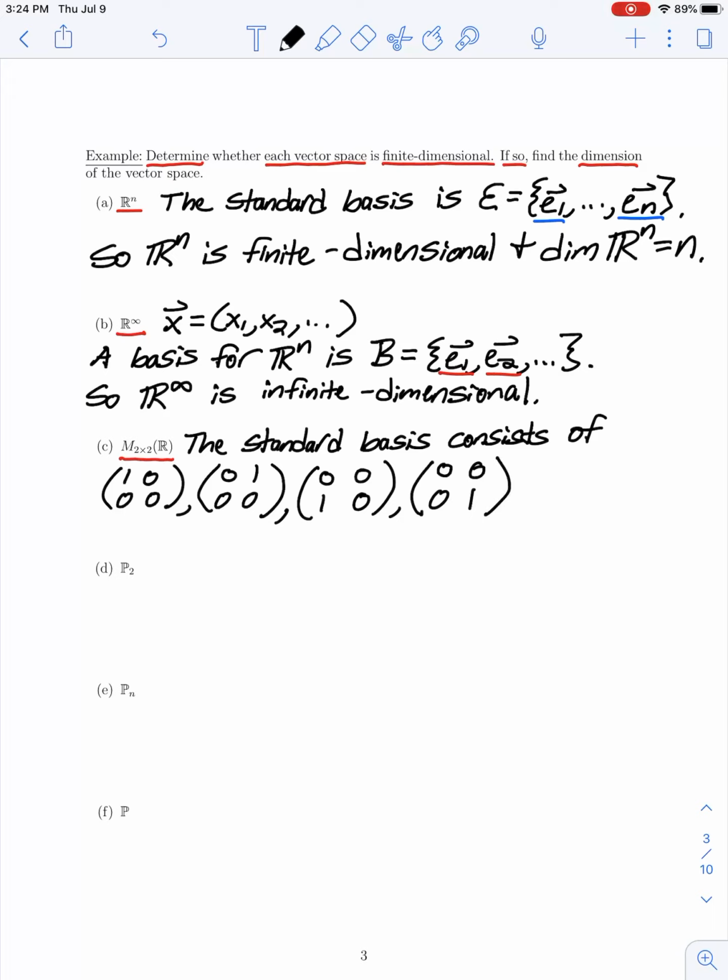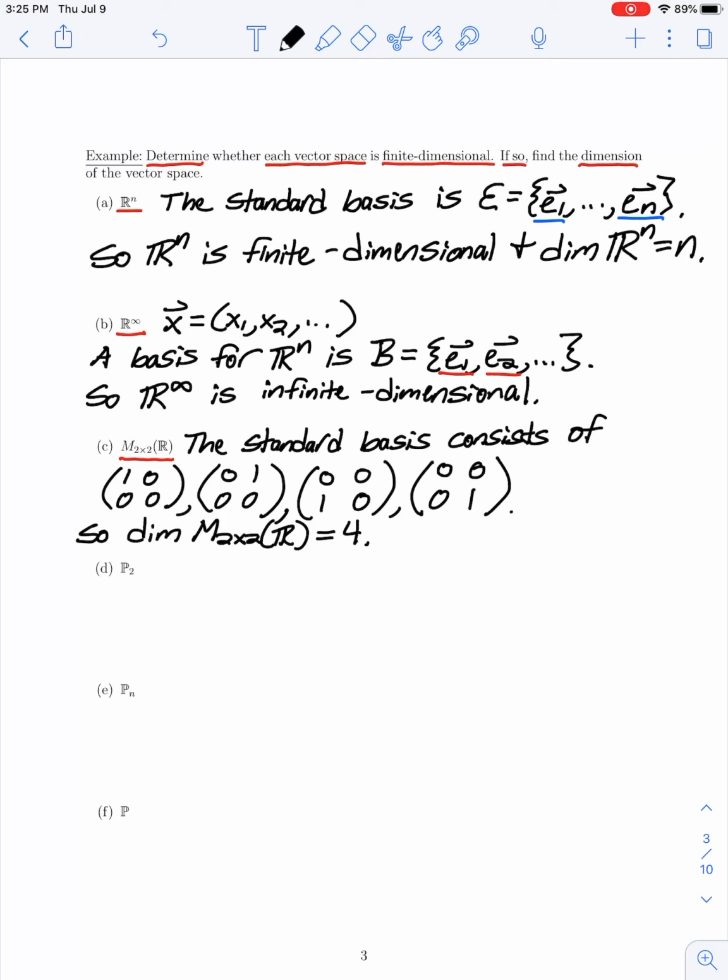So any 2 by 2 matrix with real entries can be expressed as a linear combination of these 4 matrices. So this space is finite dimensional, and its dimension is equal to 4, since we had 4 matrices as the basis vectors.